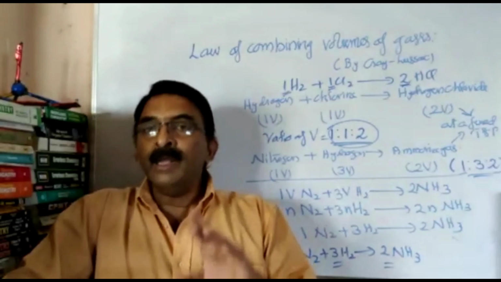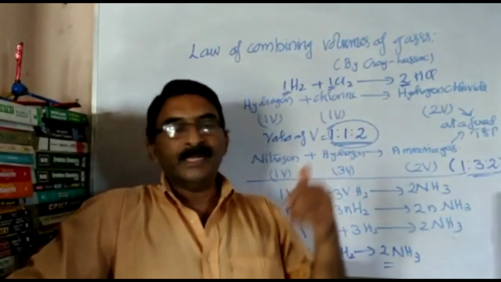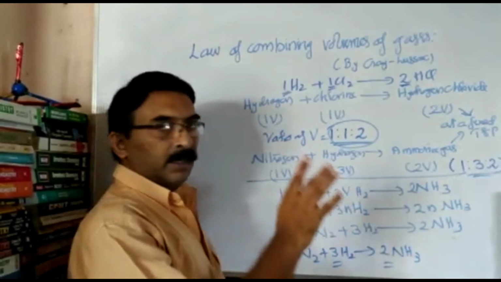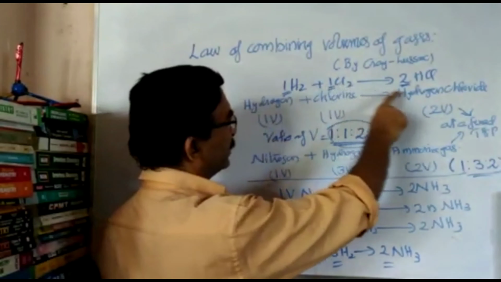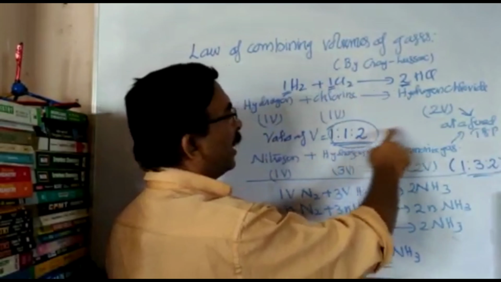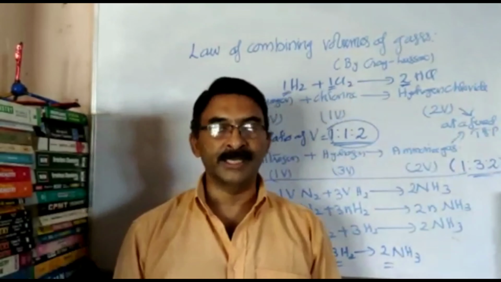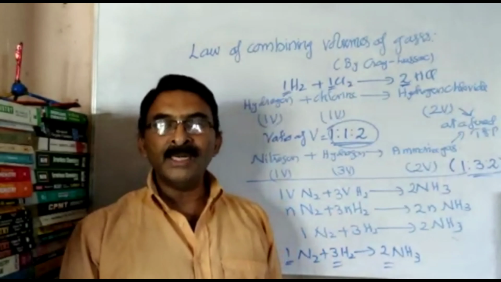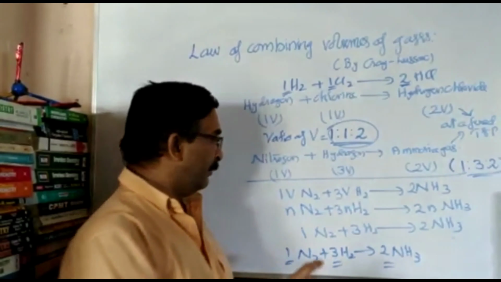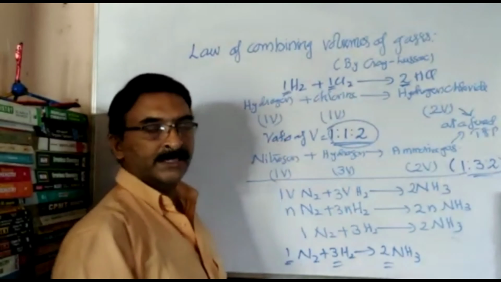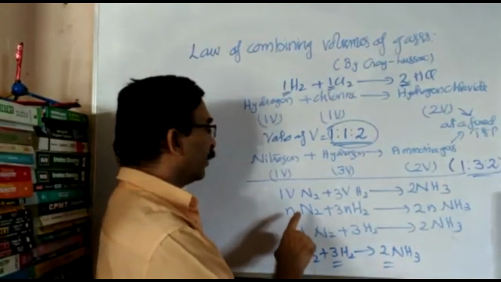By applying Avogadro's law, we can explain why the ratio of coefficients 1:1:2 and the experimental ratio happen to be the same in all these cases. To understand that better, I am considering the case of ammonia formation. Listen carefully.